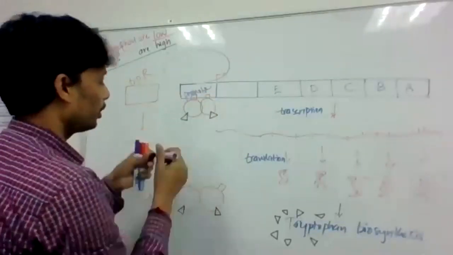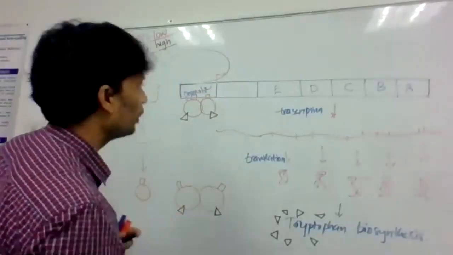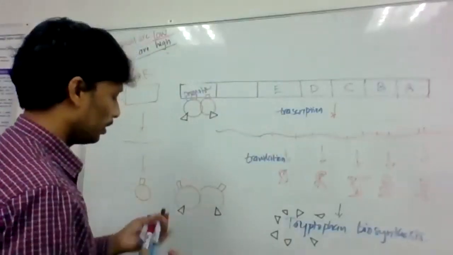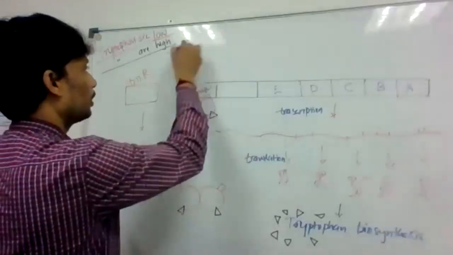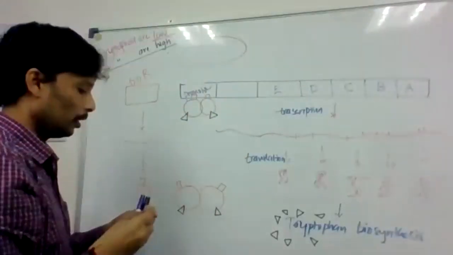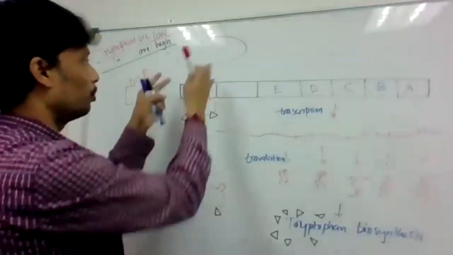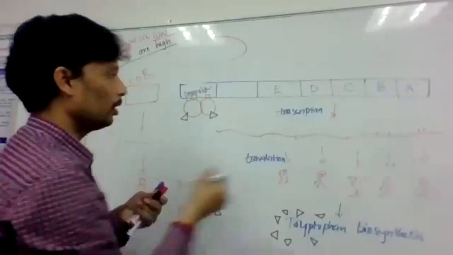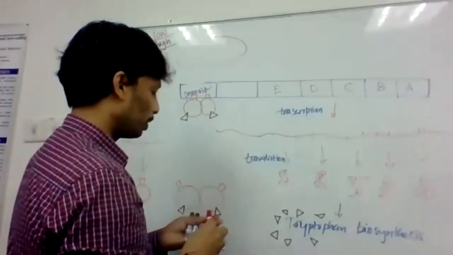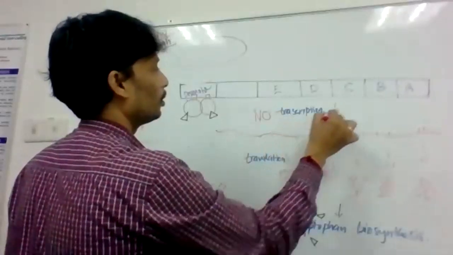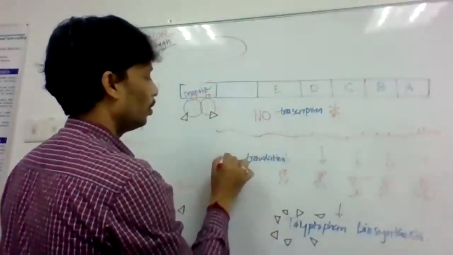And when it blocks here, RNA polymerase cannot bind to the promoter region. So there will be no transcription and no translation.